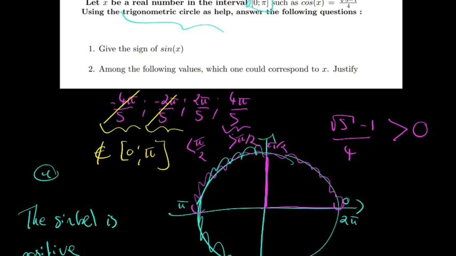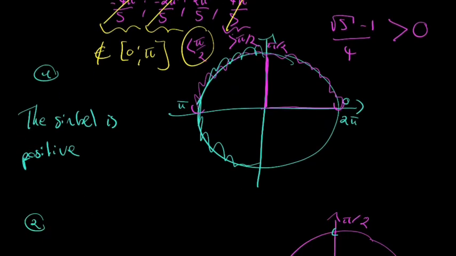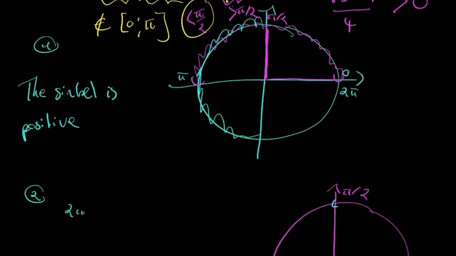And we are looking for an angle lower than pi over 2. And so we can eliminate this angle here. And so our unique angle possible, if we have to choose now, would be the angle 2 pi over 5.